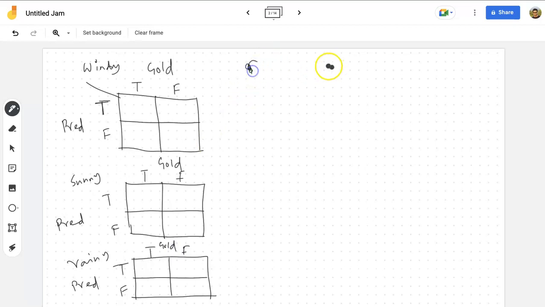Let's see. Foggy. My writing is not that good, but yeah.